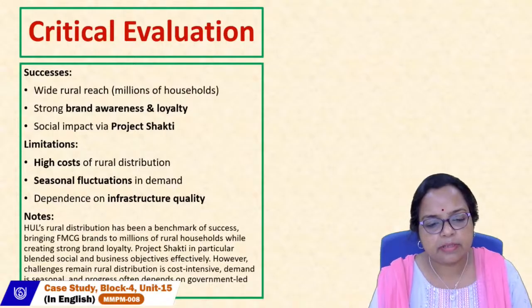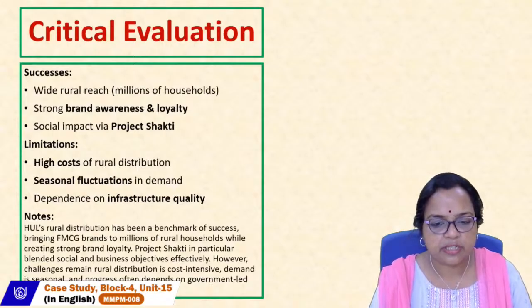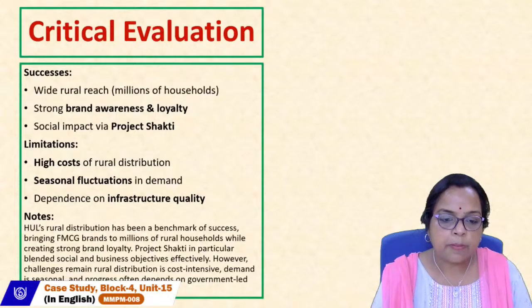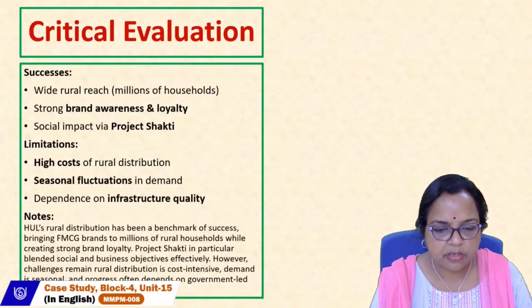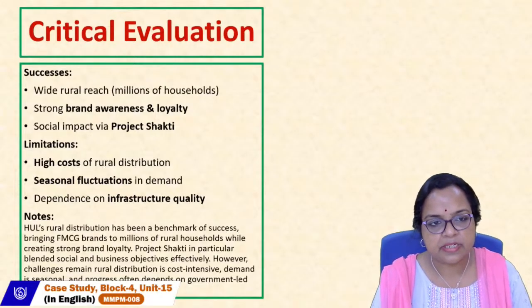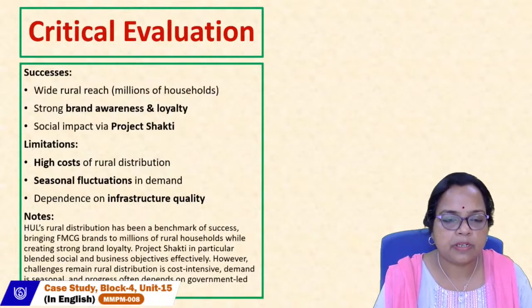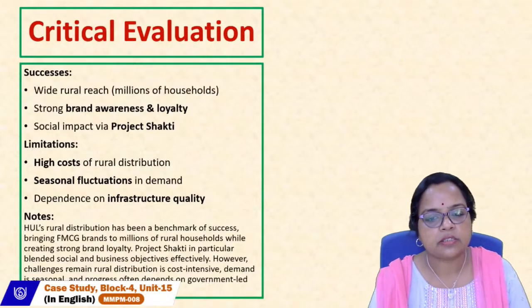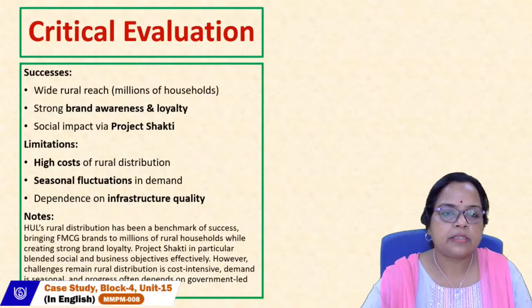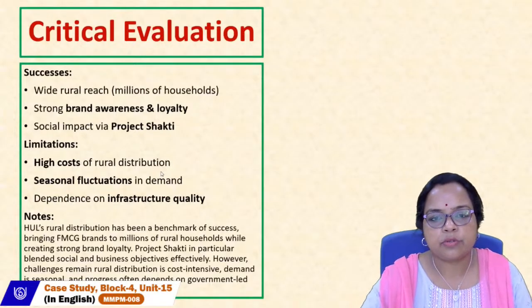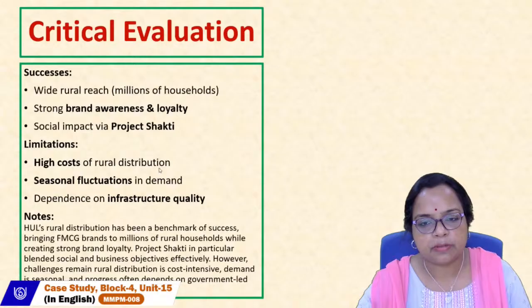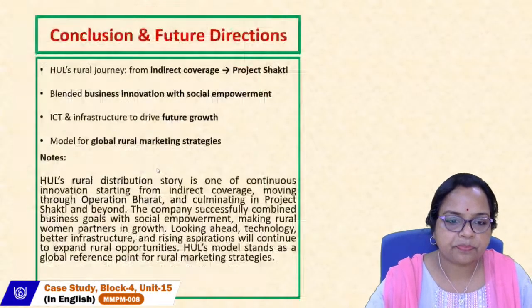However, these challenges remain. Rural distribution is cost intensive, demand is seasonal, and progress often depends on government led infrastructure and development. But HUL's Project Shakti was a success story because it reached millions of households across the 70% of the population that is rural India.